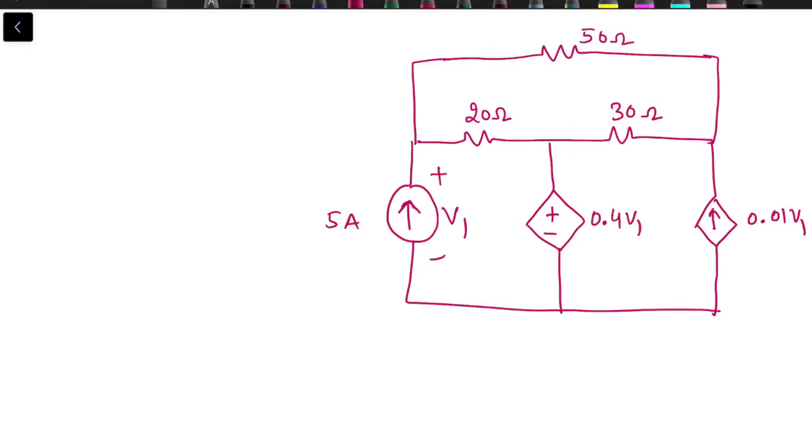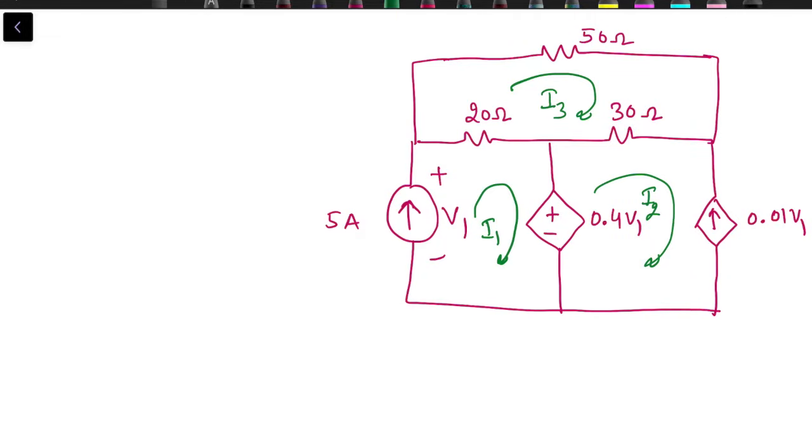So in this case we have three meshes. Let's assign three different currents, I1, I2, I3.